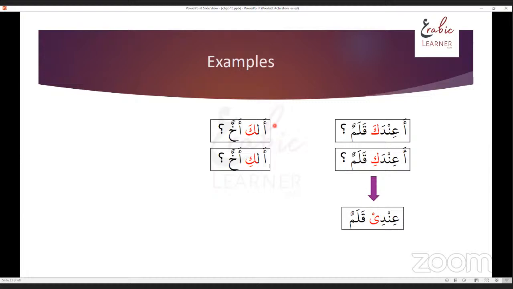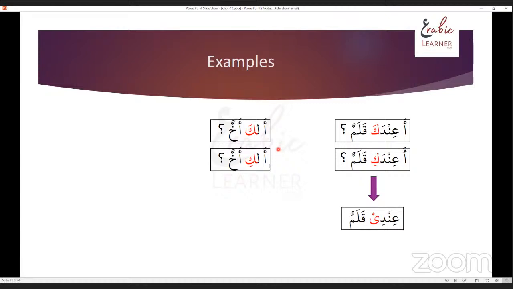Do you have a brother? A brother is a relationship that is permanent. It's some kind of ownership or permanent connectivity. It's not temporary. So it is wrong to say, "Indaka akhun."